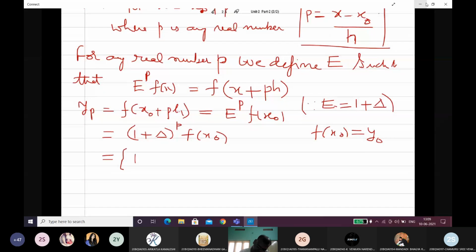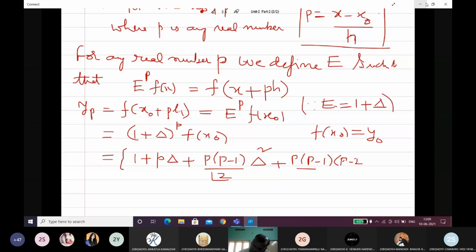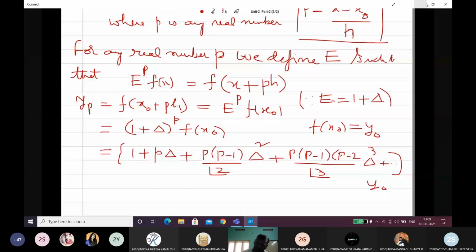That is equal to 1 plus p delta plus p into p minus 1 by factorial 2 delta square plus p into p minus 1 into p minus 2 by factorial 3 delta cube and so on, of y naught. Right?